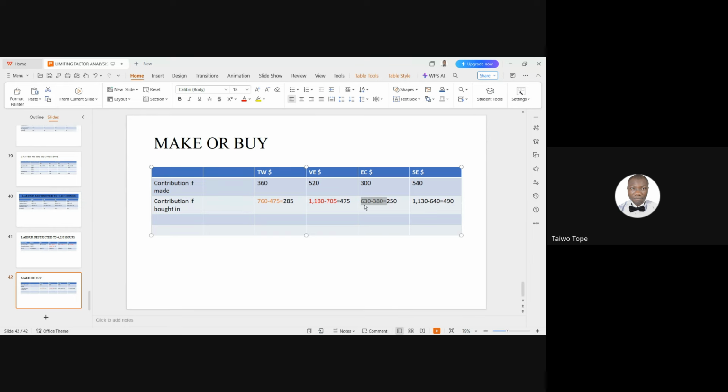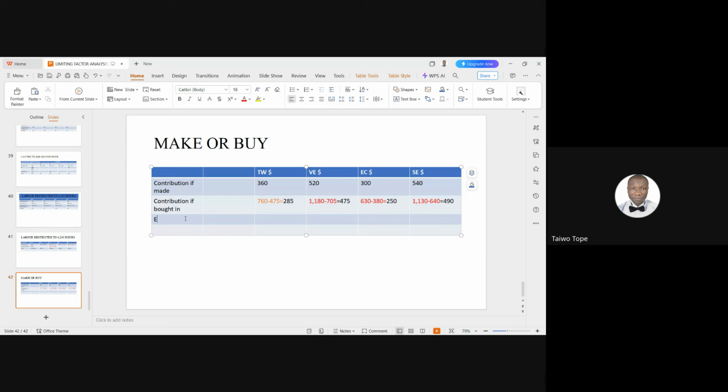These are workings. So now, what is the difference between contribution if made and contribution if bought in? That will be termed as what?